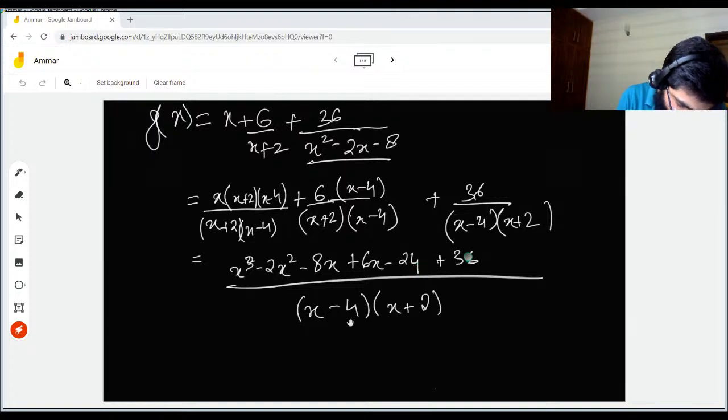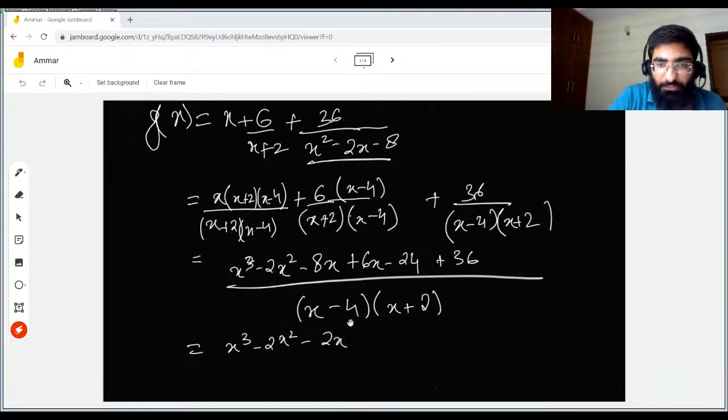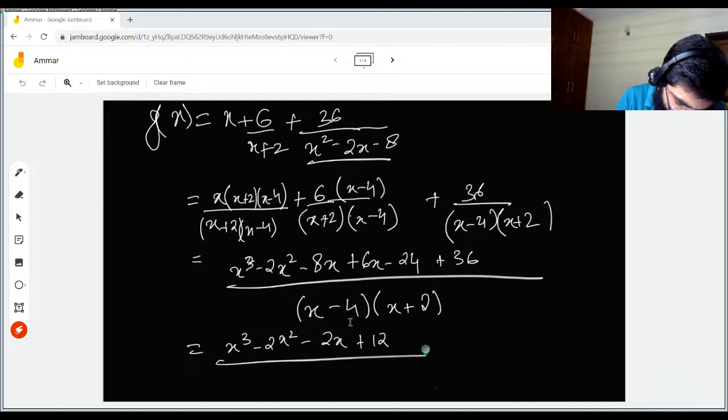Now if I do the simplification, x cubed minus 2x squared stay as they are, and minus 8x plus 6x gives minus 2x, and minus 24 plus 36 gives plus 12. The denominator stays as it is, x minus 4 times x plus 2.